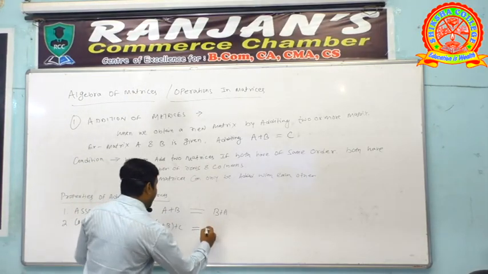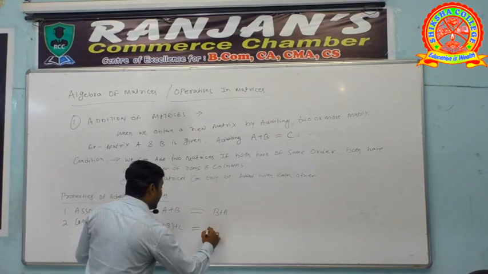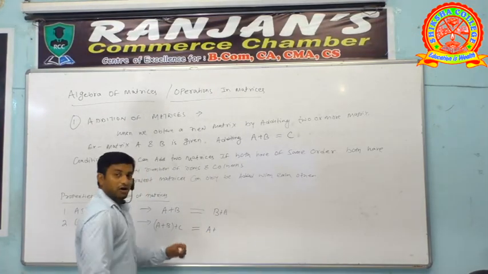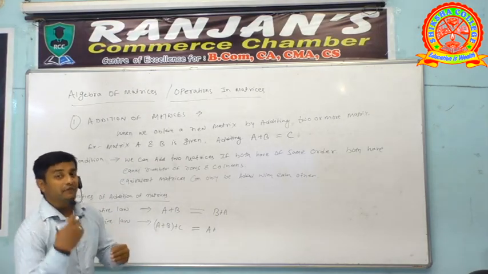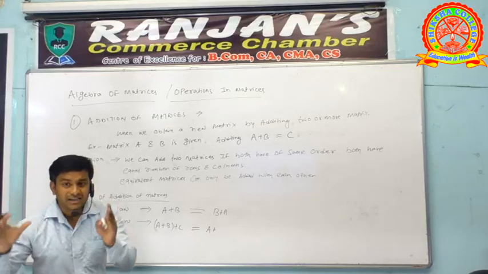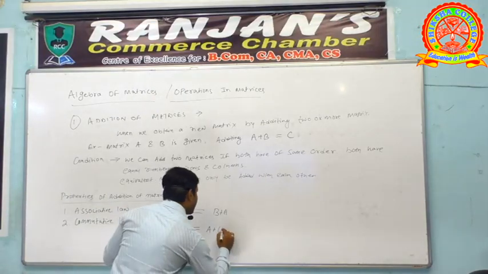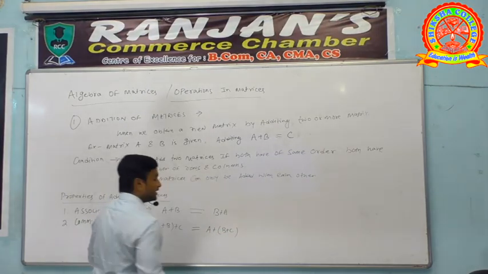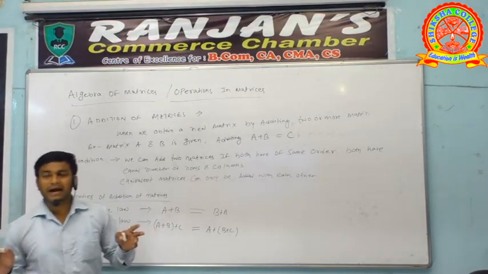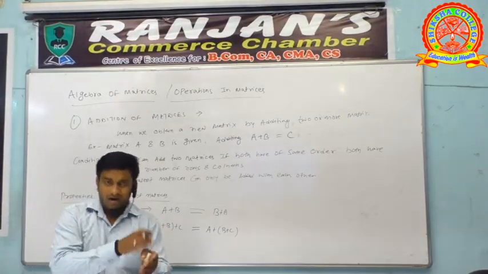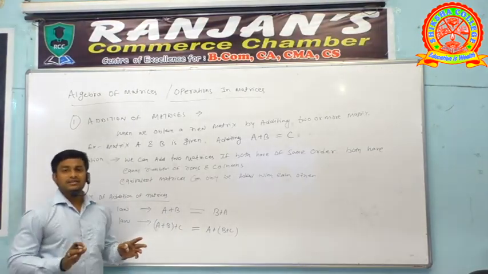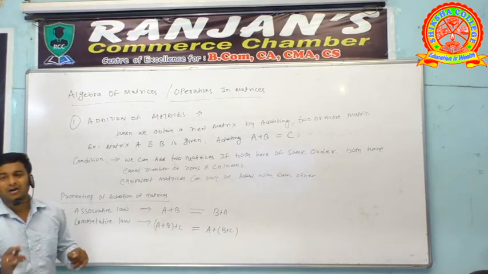What does it mean? A is added with the addition of B plus C. See, if we combine one with another or the other with another, there is no significant difference in the result.